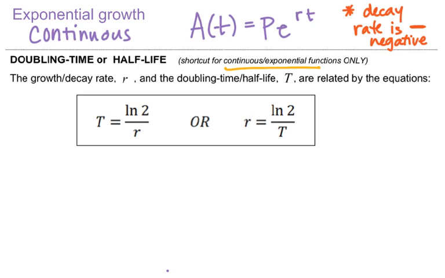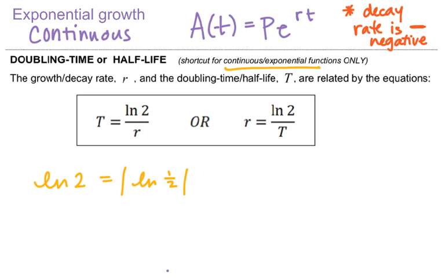And you may say, well, Miss Stein, if we have to use a negative rate for decay, how come I'm not using the natural log of one half for half-life? Because half-life is when something decays. Well, the reason is, and you can check this in your calculator, the natural log of 2 is equal to the absolute value of the natural log of 1/2.